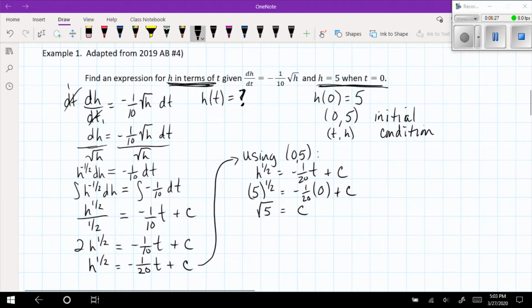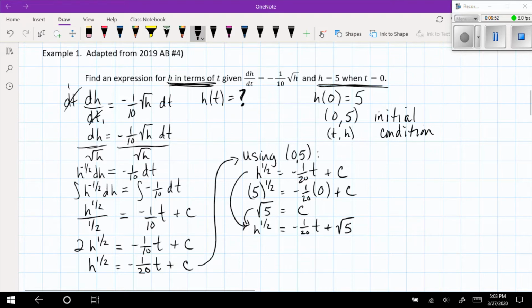I'm going to take that together with the equation that I substituted my initial condition into. So I'm going to take that with my h to the 1/2 equaling negative 1 over 20t plus, and now I know my c value is the square root of 5, so I'm going to put the square root of 5 in there. And I need to solve for h.